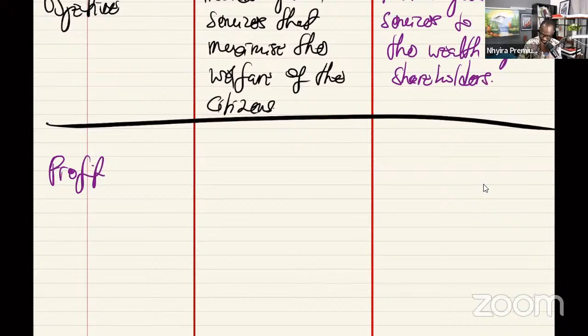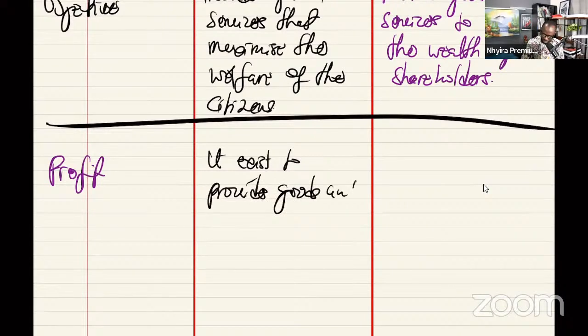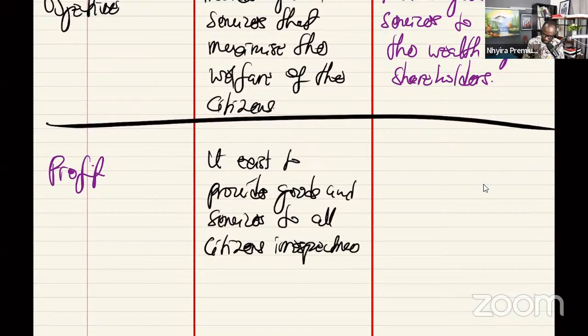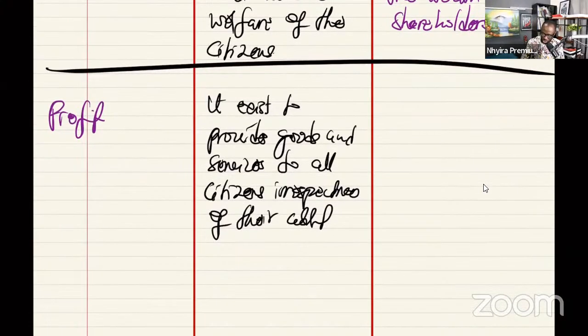So the public sector exists to provide goods and services to all citizens, irrespective of their ability to pay. I'm trying to polish the point and integrate it a little bit.